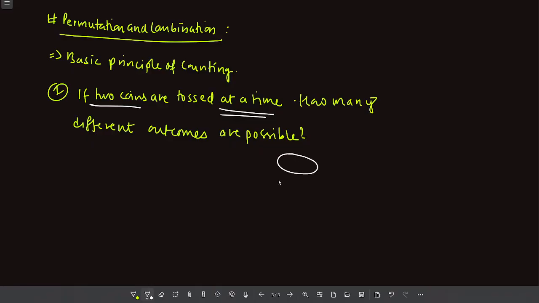If the first coin is tossed, how many different possible outcomes will be here? There will be two, right? In a coin there are two faces, one is called head and the next one is called tail. So if a coin is tossed, then there are head and tail. If another is tossed, then there are also head and tail.